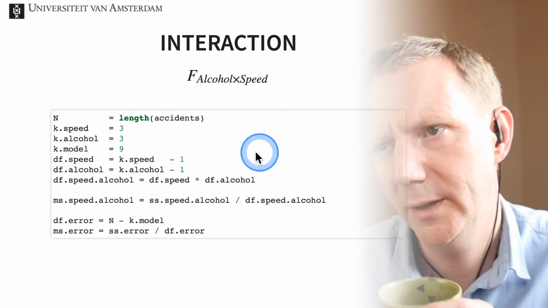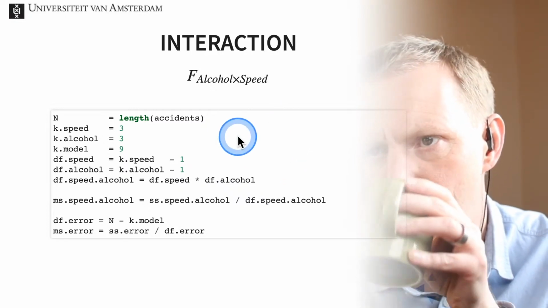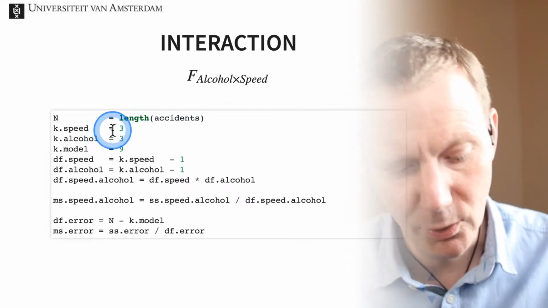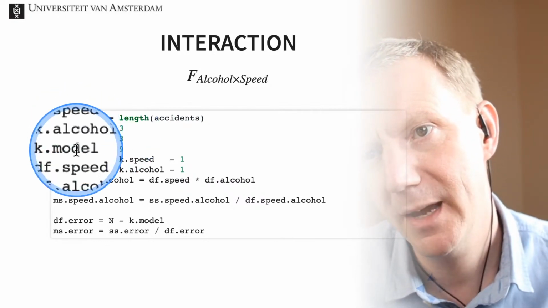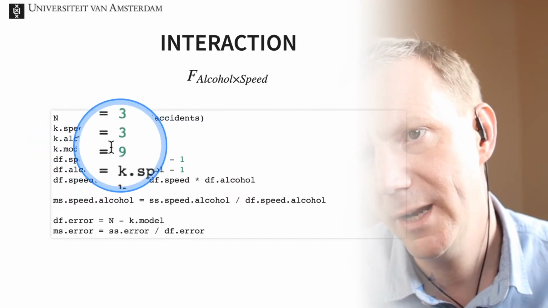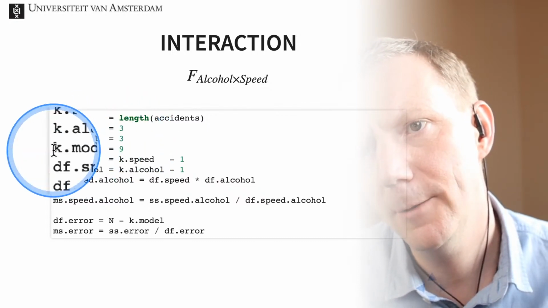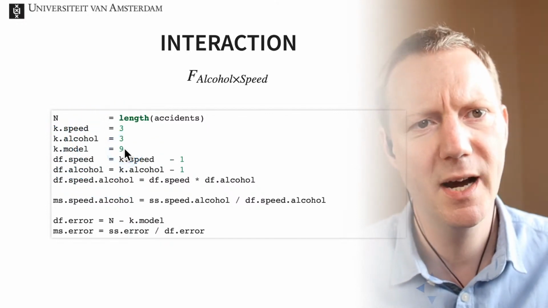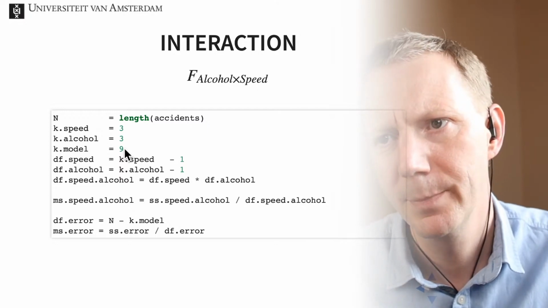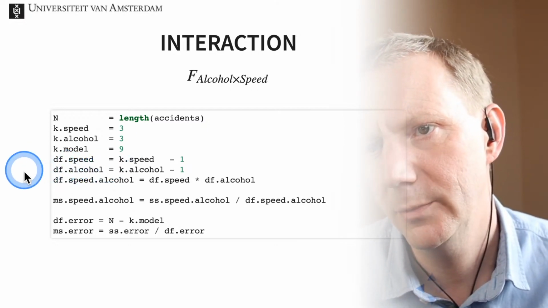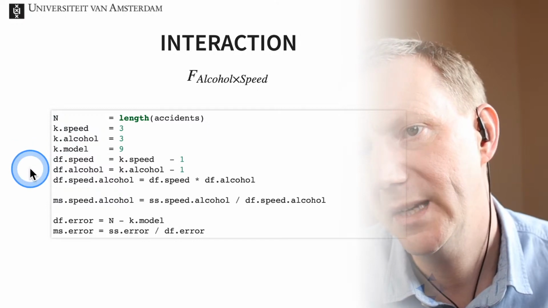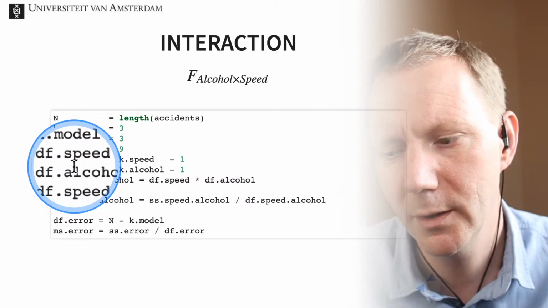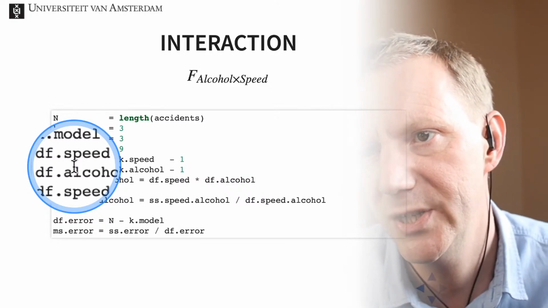So what do we need? We need the sample size. We need to know the group size for speed and for alcohol. So that's 3. We need to know the group size for the model, and that was 9 because we have 9 groups, right? And that also means that based on those values we can determine the degrees of freedom, which are given in the formulas in one of the first sheets.